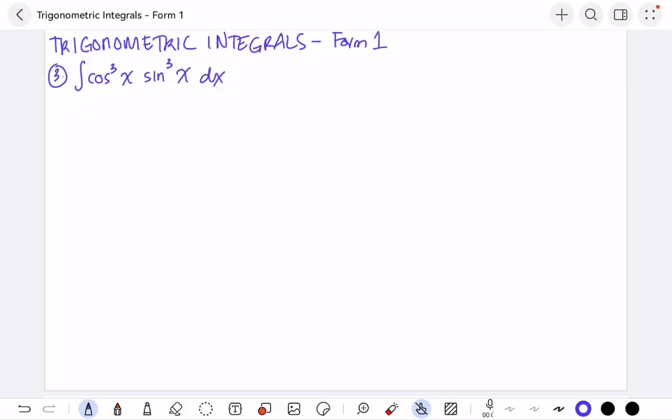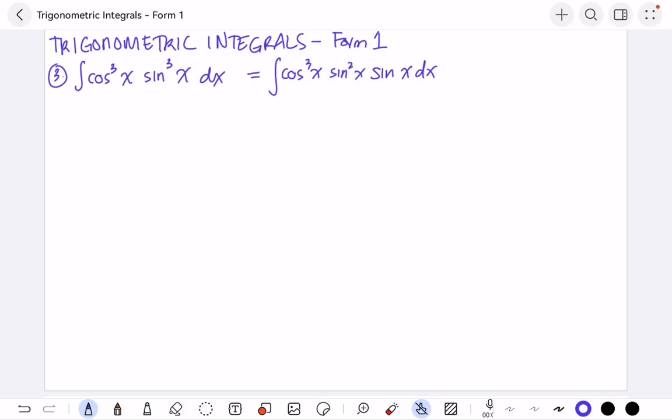So let me reserve one sine, or factor out sine together with dx. So I'll just copy cosine cube x. Factoring out one sine, I'm left with sine square x.